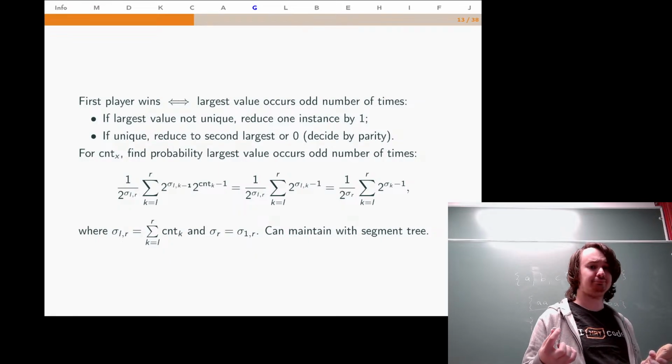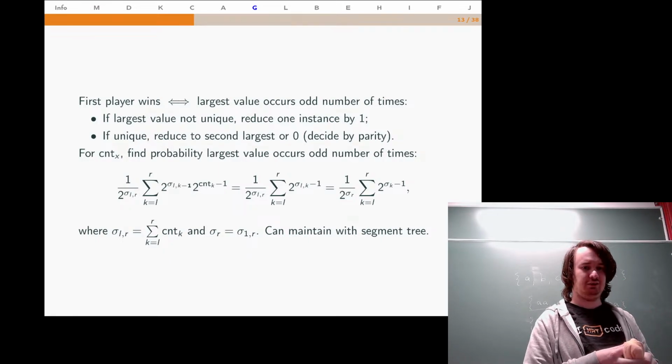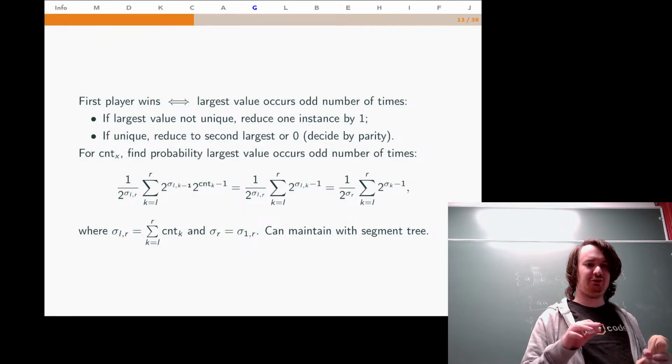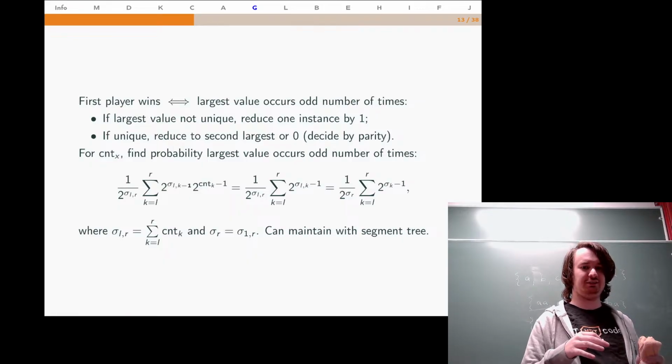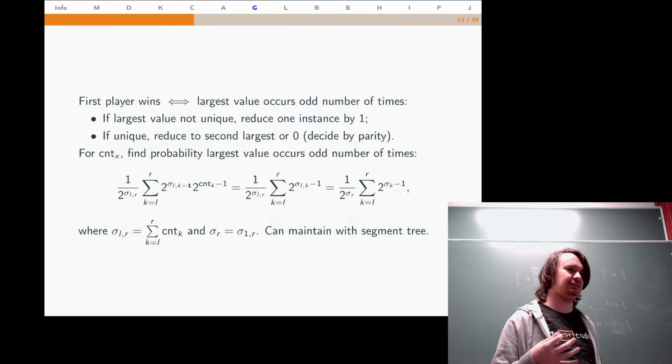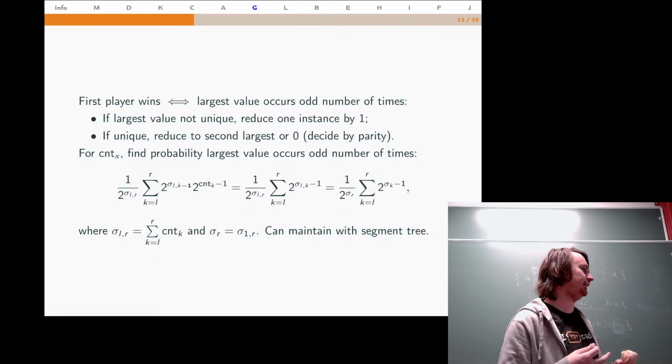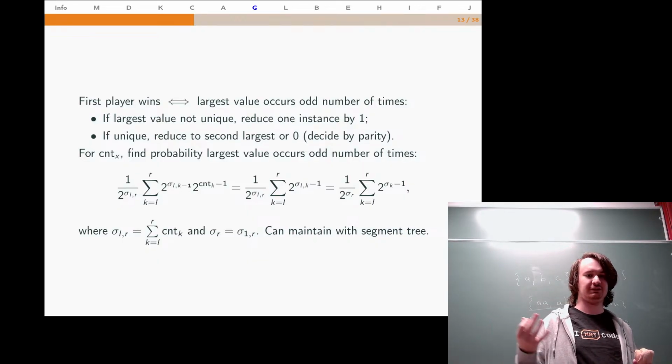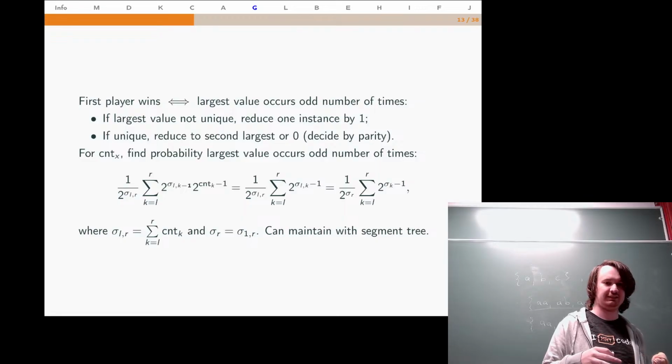Now if the largest value is not unique, then we can reduce one of the instances of this largest value by 1, and then we will make sure that the other player gets the other state.